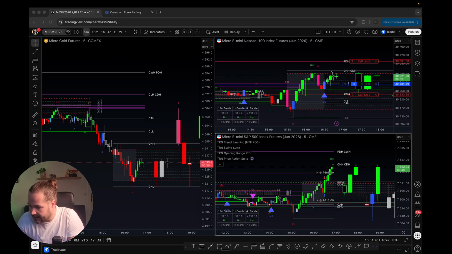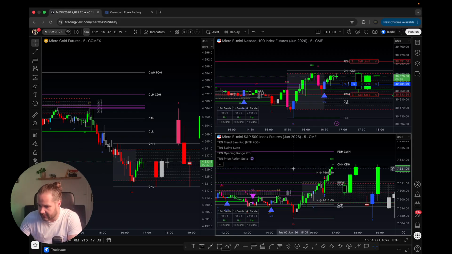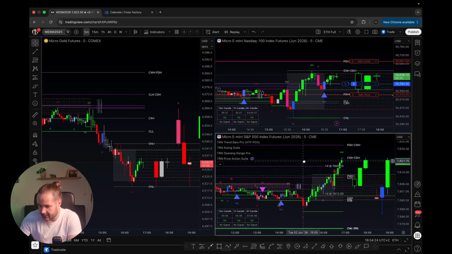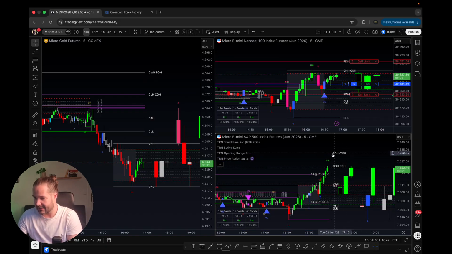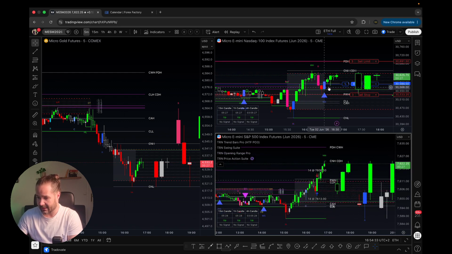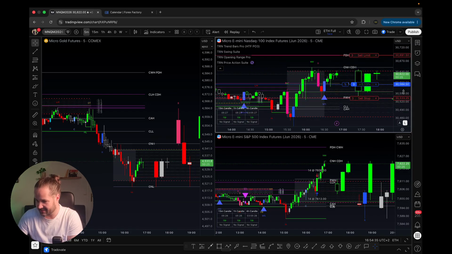Okay, guys, it's getting a little interesting again. ES is pushing like crazy here. Sadly, NQ is not doing the same right now. It would be great, honestly, as I'm long here. And we're already close to the opening range high, this one right here, so I need to be cautious.